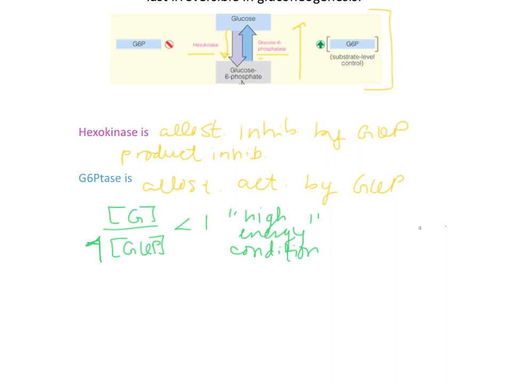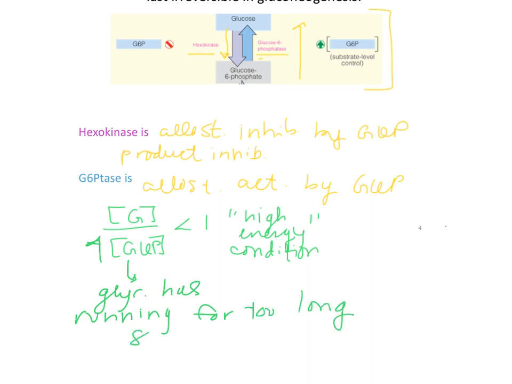When you have a lot more G6P, that means glycolysis has been running for too long, so it needs to be slowed down.